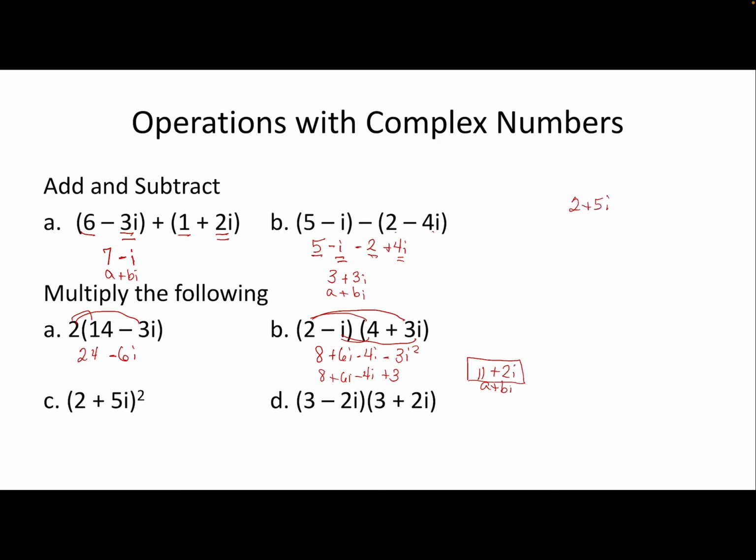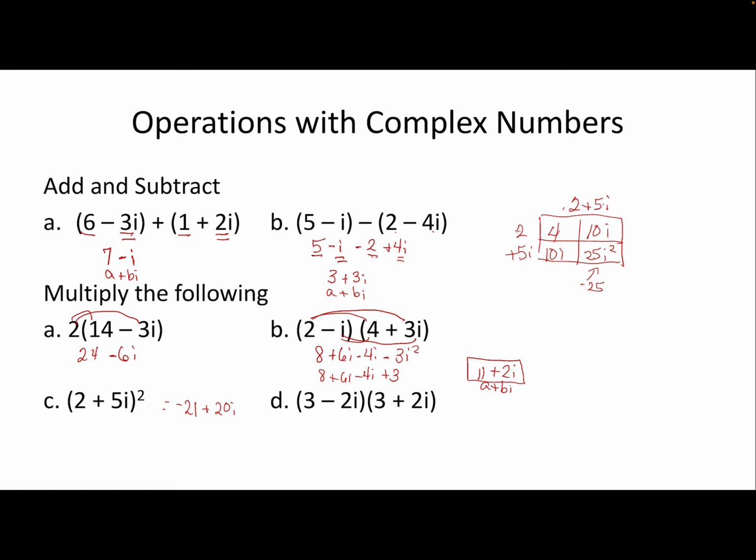So 2 plus 5i times 2 plus 5i, if we choose to use our product box to do this, is going to get us real times real, 4, real times imaginary, 2 times 5i gets us 10i, 5i times 2 is another 10i, 5i times 5i is a 25i squared. But i squared is a negative 1, so we'll get a negative 25 there. 4 minus 25 is a negative 21. And a 10i plus a 10i is a 20i.